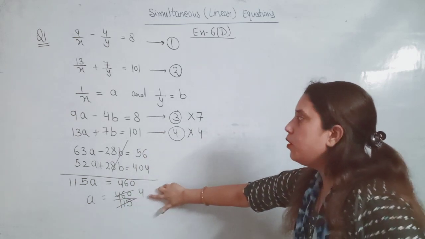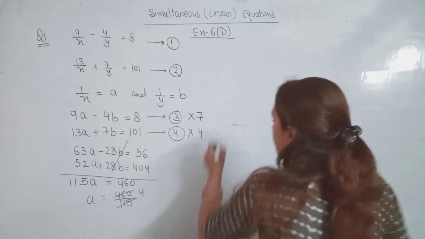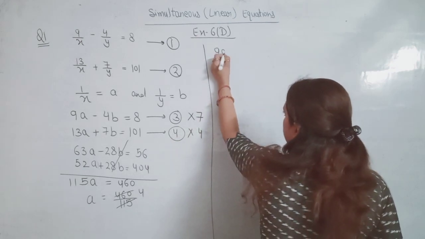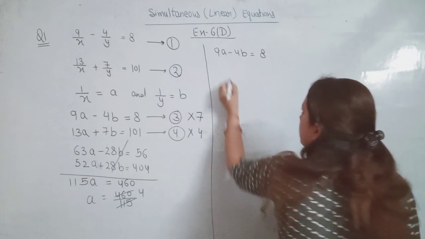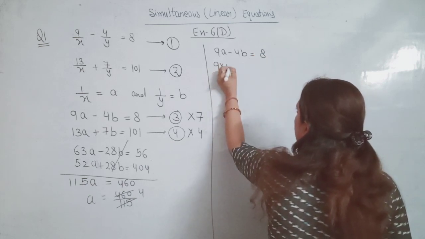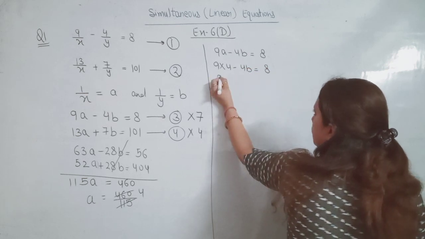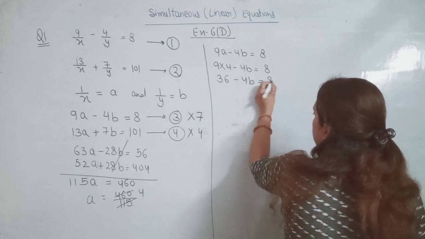After getting the value of a, put the value of a in equation 3 or equation 4. Now it is 9a minus 4b is equal to 8. a is 4. 9 into 4 minus 4b is equal to 8. 9 into 4, 36 minus 4b is equal to 8.